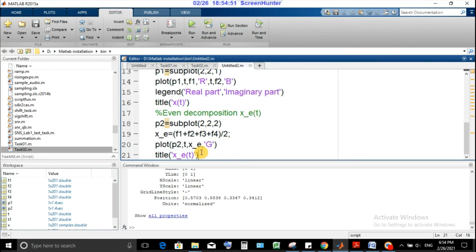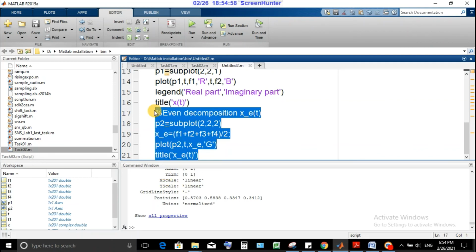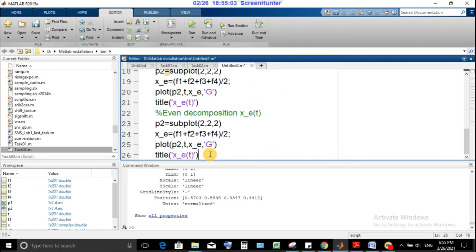And if we want to plot the odd part, we can copy this and paste it here. Arithmetically, there is a small difference of one sign. For decomposition, x underscore o, we can say it is p3 xo. Here the sign will be reversed.